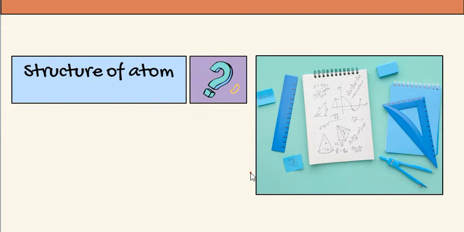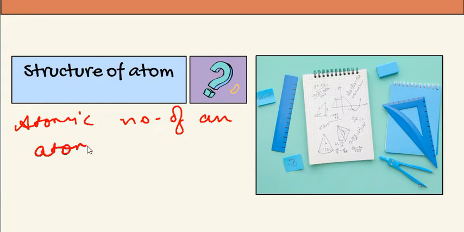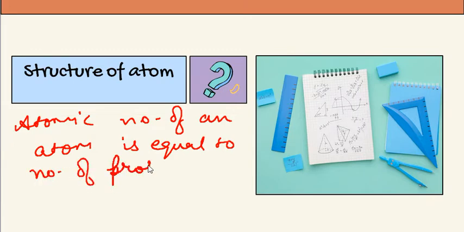So next we are going to discuss something related to atomic number. What do you know about atomic number? The atomic number of an atom is equal to the number of protons present inside the nucleus.